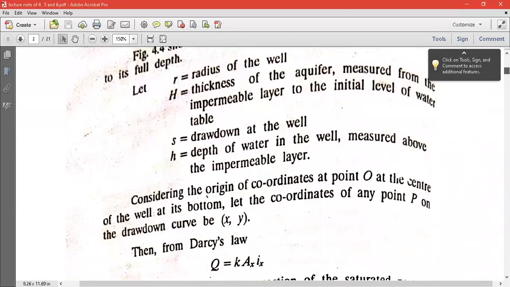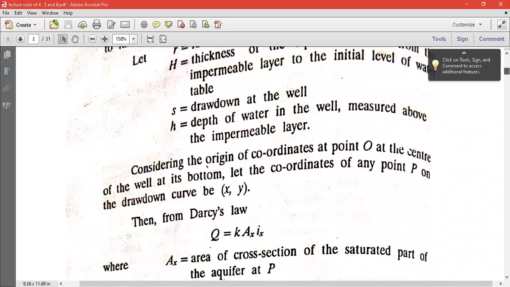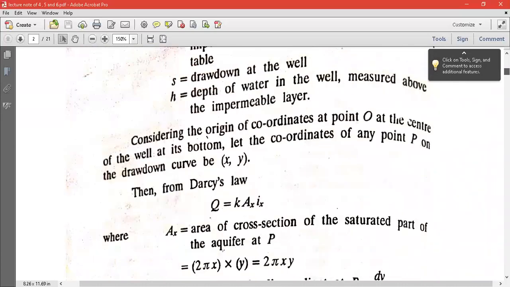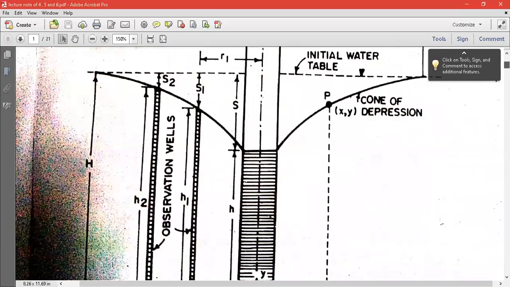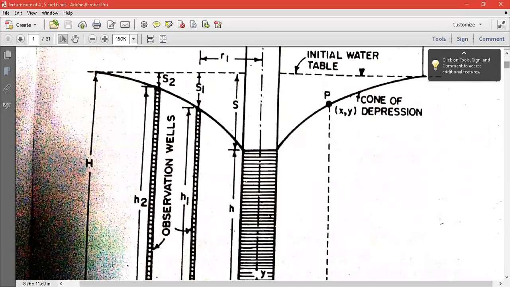And what will be the depth of the cylinder? That is y. So what is the surface area of the water cylindrical portion? It will be 2 pi x into y.